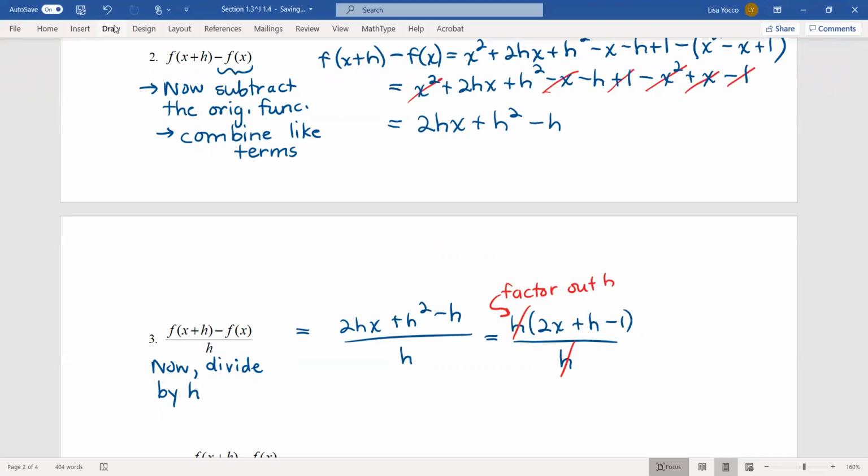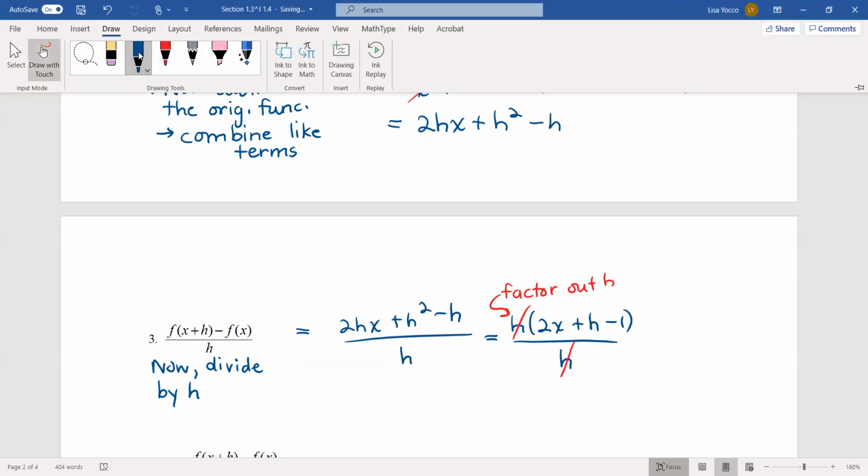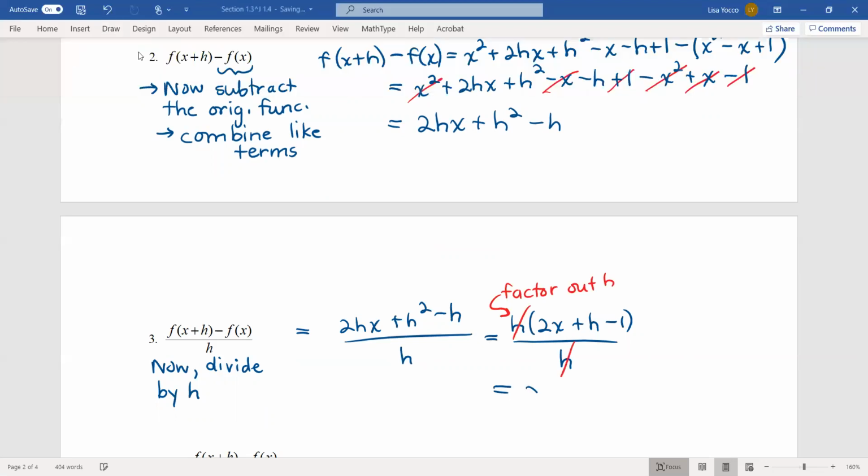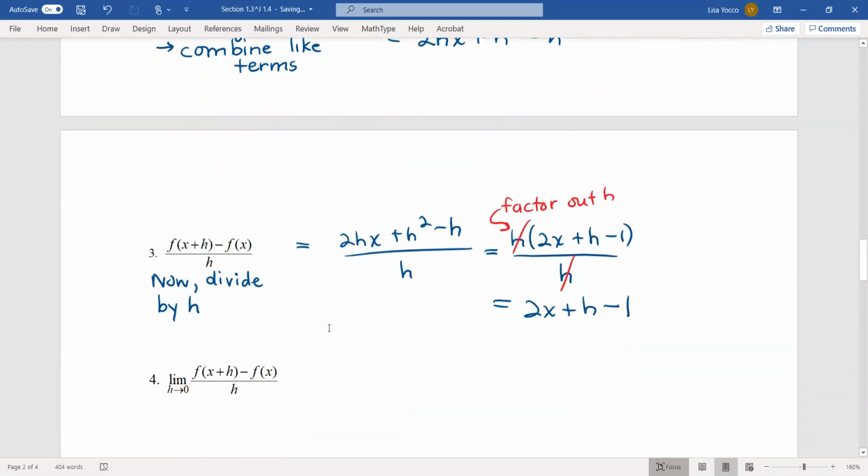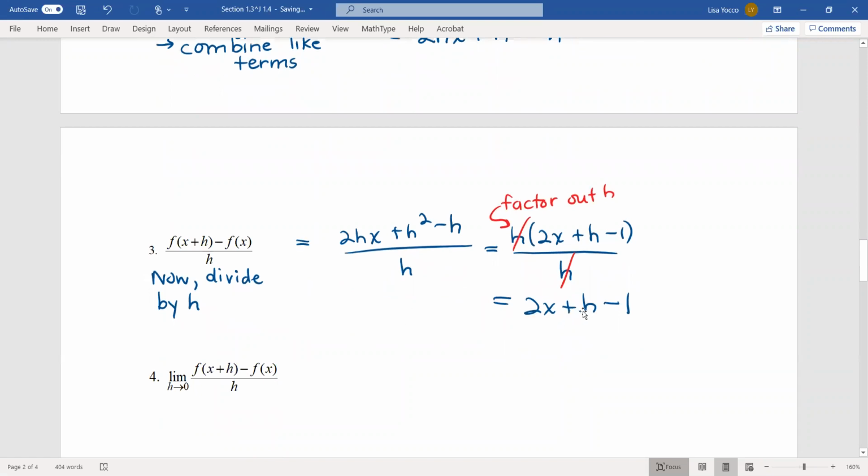I factor it out and I'm left with 2x plus h minus 1. And like I said, if you took college algebra, you did this up to this point. You said, okay, that's called the difference quotient for this function. And that was preparing you for this situation, for finding the derivative of a function.